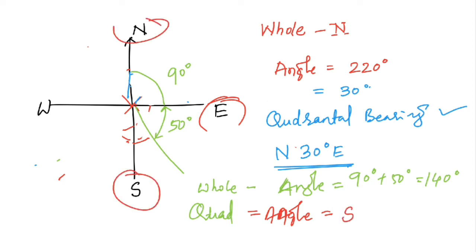First I need to write south, it is in between south and east. Okay, this line, whatever this line is there, it is in between south and east, whereas here it is 50, the remaining will be 40 degree. So I am supposed to write south 40 degree east. In this way we will be writing the angles in whole circle and quadrantal bearing system.